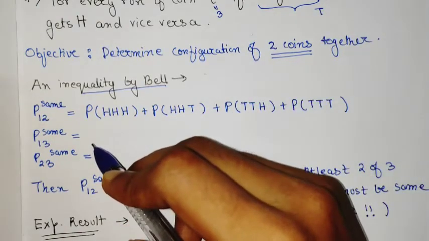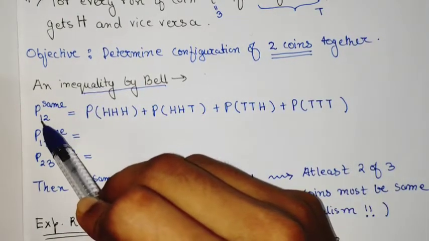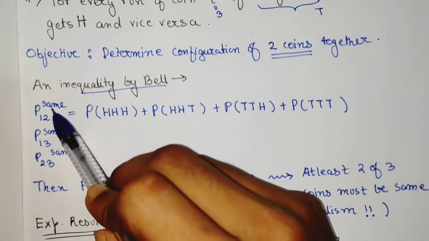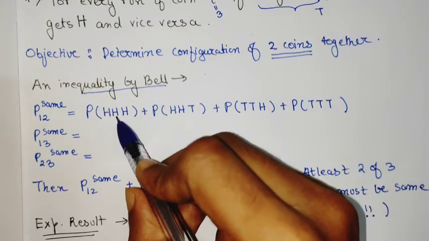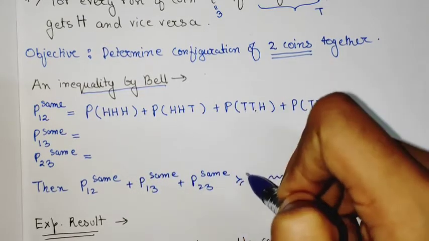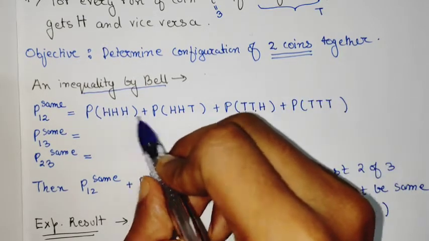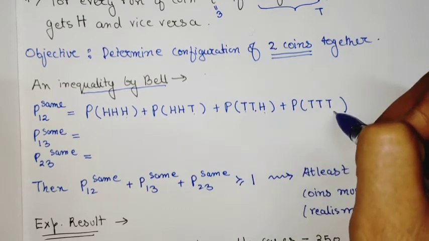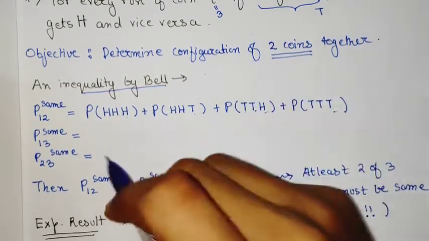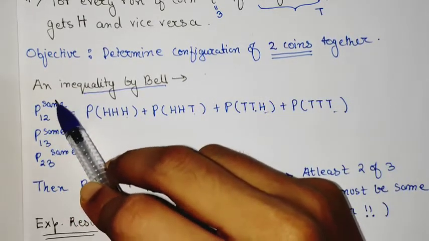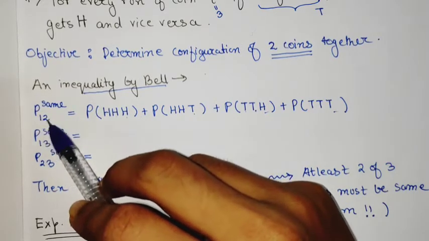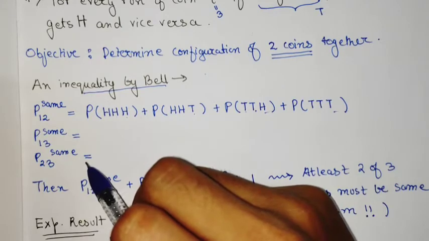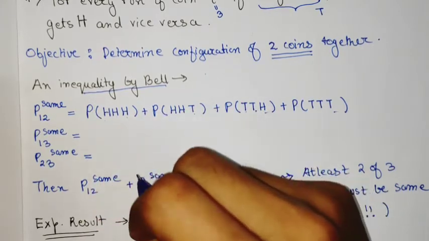It is the probability that two coins, coin 1 and coin 2, will be the same. They will give either head or tail, but the third coin can give head or tail. So this is the entire probability that both of the coins give the same result for one single run.